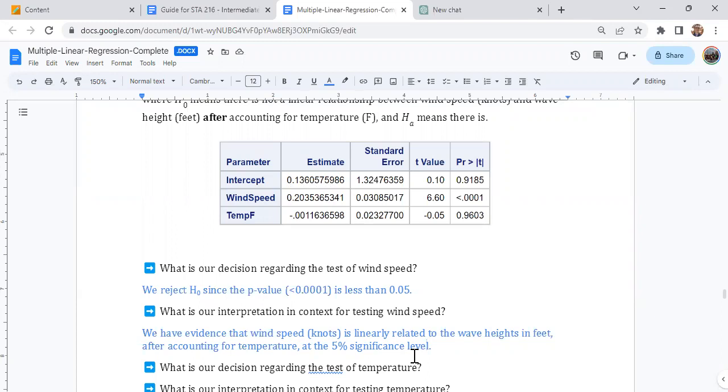We have evidence that wind speed, I guess maybe we'll word it as, has a positive linear relationship with the wave heights in feet. Yeah, we'll just word it that way.